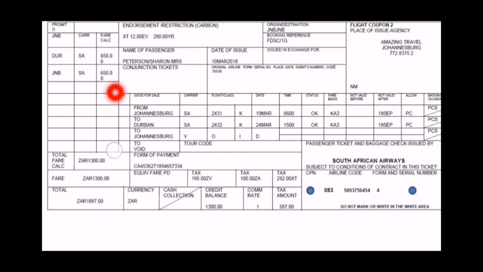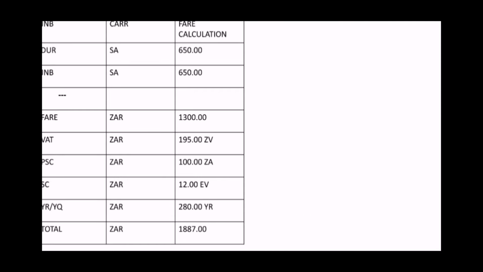So you now know that your fare is 650, your VAT is 900 and 195, your PSC is 100 rand, and then you also have EV and YR, which I explained in your endorsement box, sitting at 12 rand for EV and 280 for YR. So that is exactly what we see in this section.